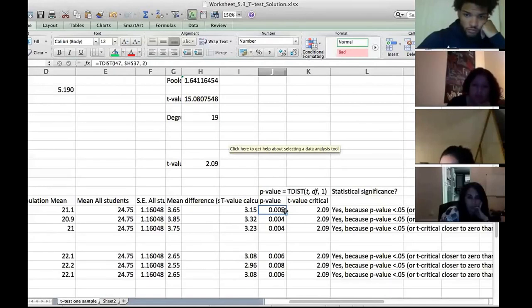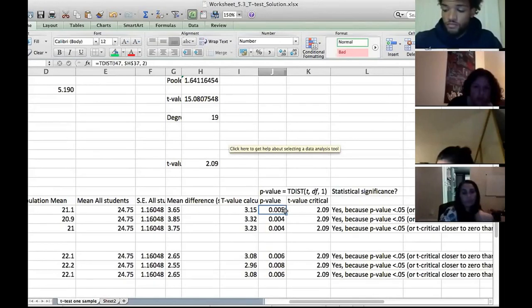Imagine these two curves. It's so far away from zero that it's very unlikely to get such a value if there really is no difference in reality. Sometimes you get a value like that when there's no difference, but it's very rare. So if we see that, we are going to change our hypothesis because it's very unlikely to see that.